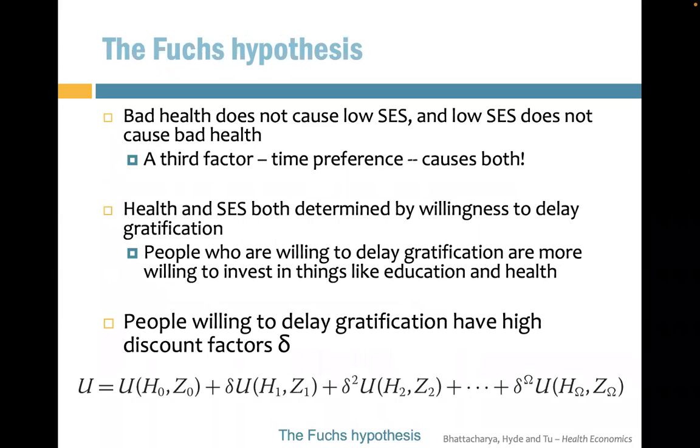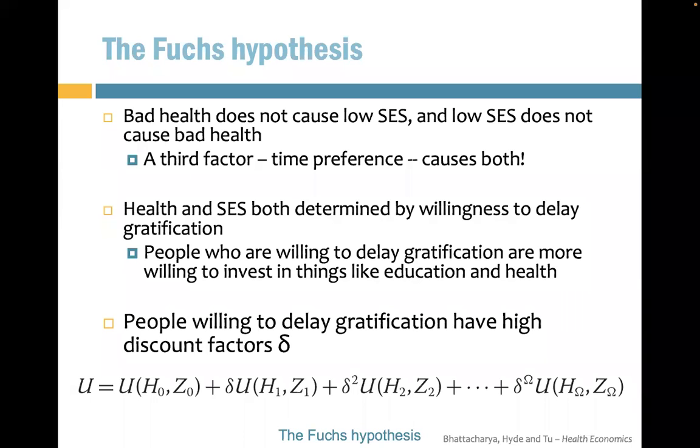Okay, so here comes our final hypothesis, the Fuchs hypothesis. This hypothesis is a name for time preference. So this hypothesis believes that they don't cause each other. It's something else.